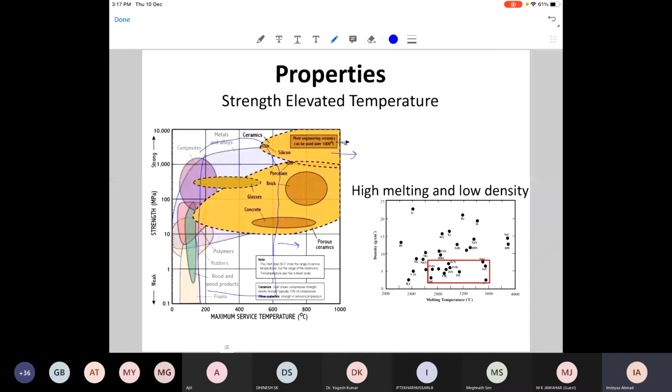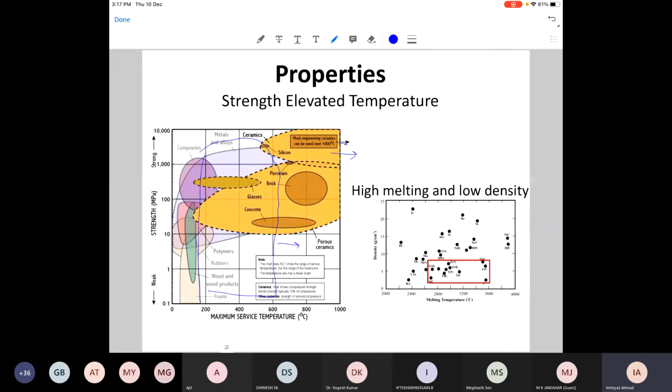And if you go to spacecraft, there are certain things which require temperature resistance up to maybe 2000 degrees C, 2500 degrees C.